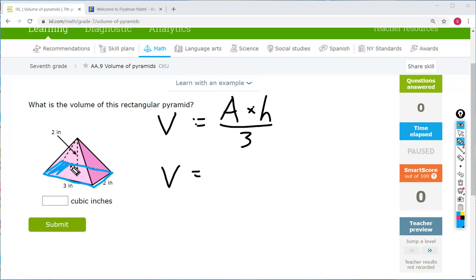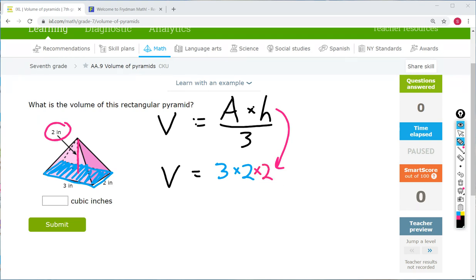So if I wanted to find the area of the base of this pyramid, which happens to be a rectangle, I would have to do 3 times 2. But then I'm also going to multiply that by the height of the pyramid, which is 2 inches here. So let's put times 2 over here.